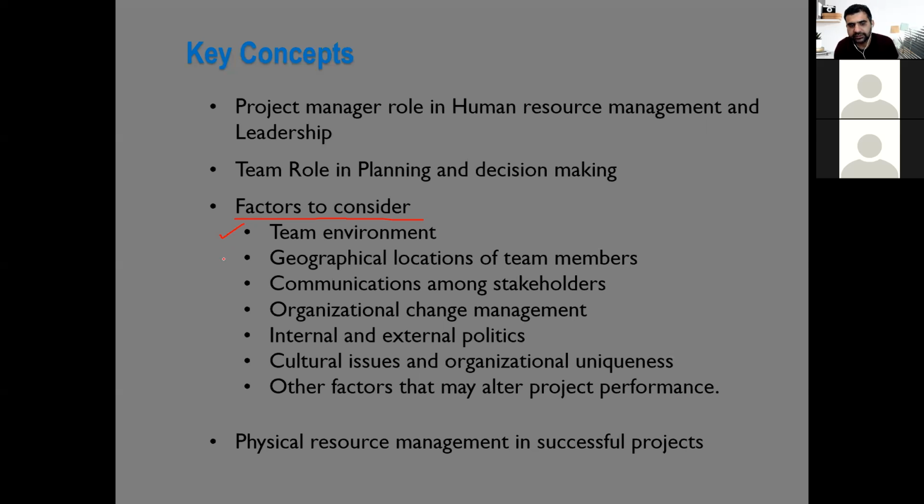Similarly, our strategies around team management, around communications, highly depend on the geographical location of the team members. Team members could be co-located, they could be virtual, but if team members are virtual, then we have to improvise. We have to adapt our communication strategies in such a way that the virtual team's performance should be the same as the performance of co-located teams.